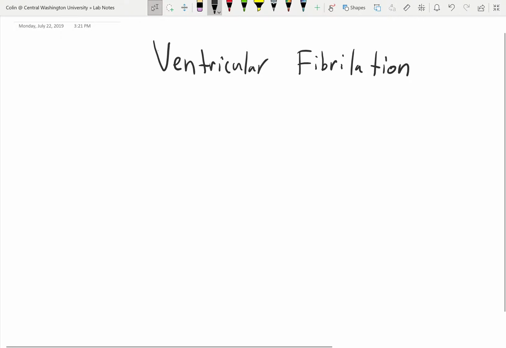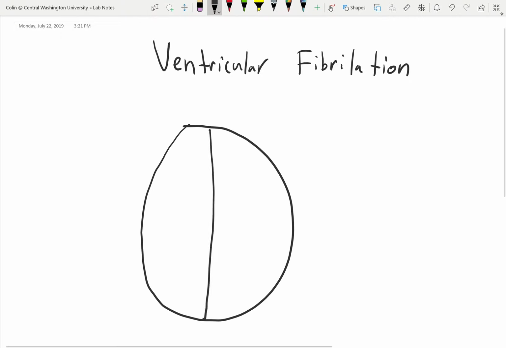So I'm going to draw the heart here, right? So if we remember with AFib, we talked about our conduction system, our electrical pathway. That should all look familiar at this point.